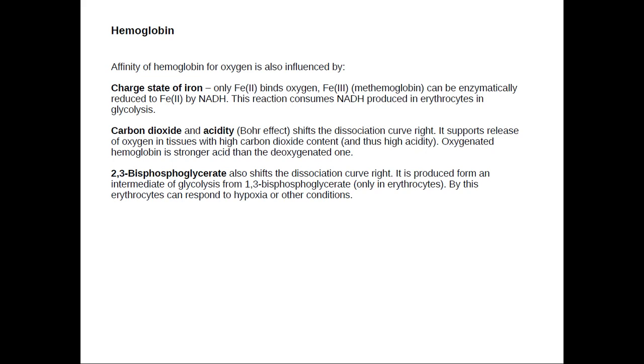And as I mentioned, erythrocytes can use NADH to reduce iron 3+ back to iron 2+, and by this they can rescue hemoglobin. This oxidation of hemoglobin is also associated with a change in the spectrum of hemoglobin, so it changes the color from red blood to more of a brownish color.